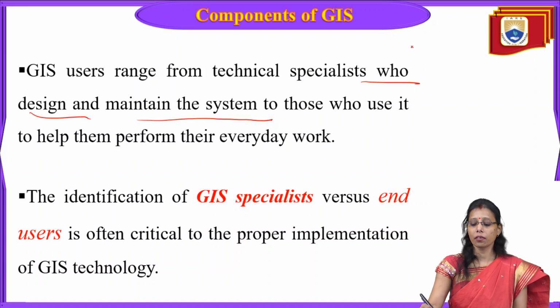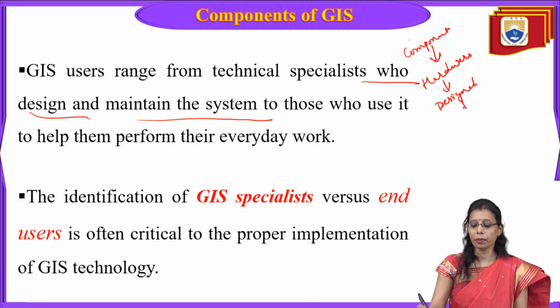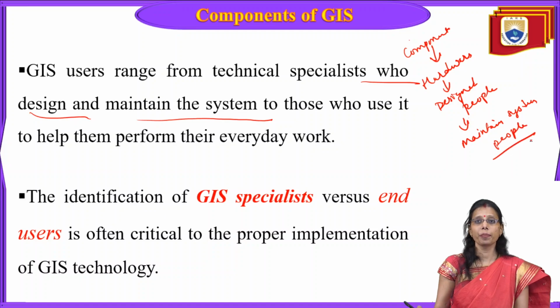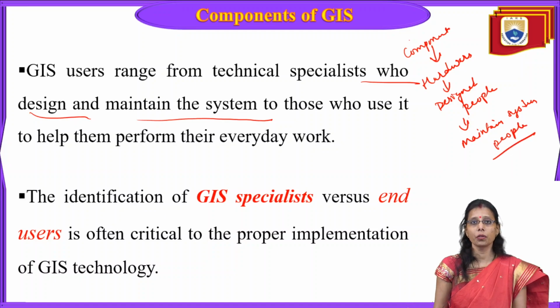The first component is hardware, and it is designed by people. The second thing is to maintain the system, people are required. That too, it should be skilled people, those who are required to maintain the hardware as well as the software, and those who use it and help them perform their everyday work.